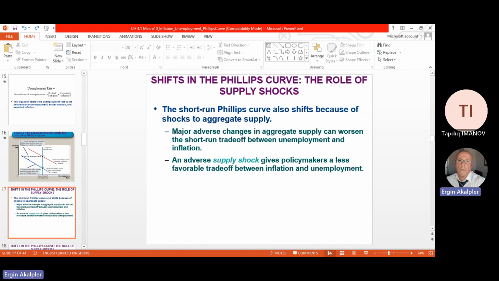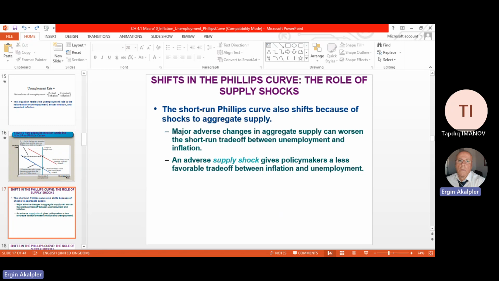In shifts of the Phillips curve, the role of the supply shocks is also important, as you understand from the curves. This short-run Phillips curve, which is affected by these expected inflations and the inflation rates, will also shift because of shocks to the aggregate supply. Major adverse changes in the aggregate supply can worsen the short-run trade-off between unemployment and inflation, and an adverse supply shock gives policymakers a less favorable trade-off between inflation and unemployment.